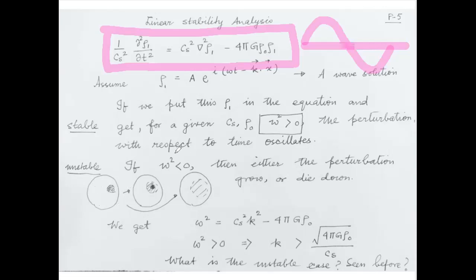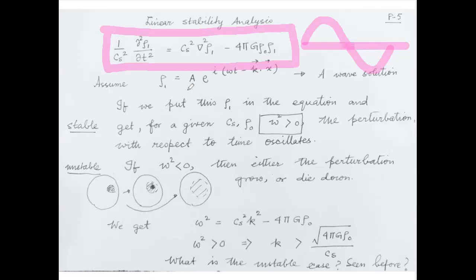In one case, if omega square is less than 0, it may grow. So this structure may collapse, and then you may have a smaller structure here because the density falls into it. This is like what you see in star formation. Or it may die down, where this disperses in the entire volume and eventually you don't see any perturbation anymore.